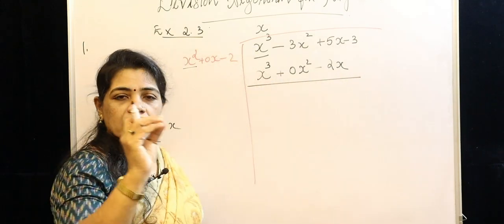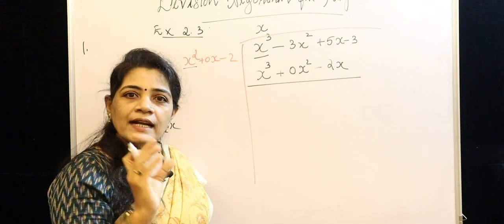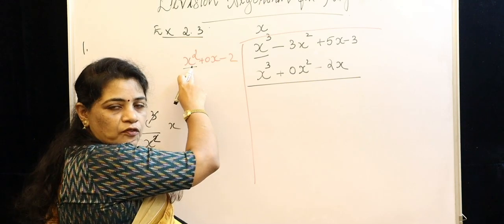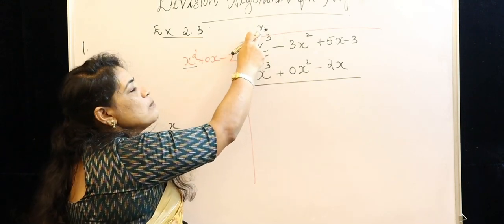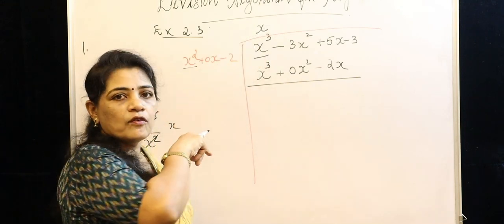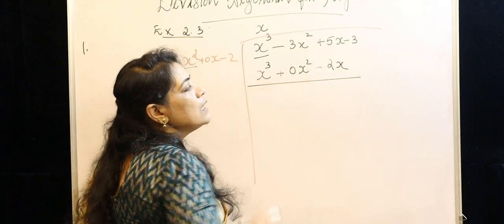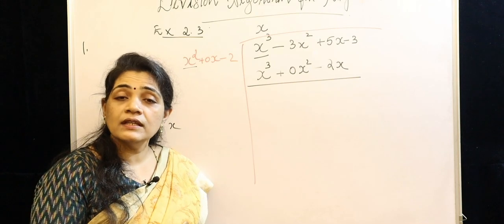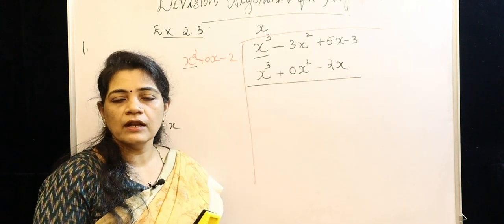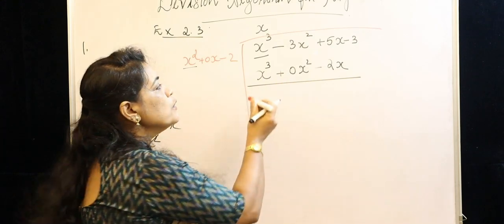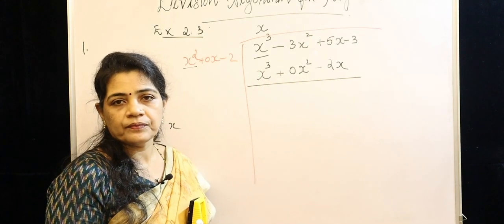We got the first term in the quotient by dividing the first term of p of x with the first term in g of x, so we got x here. Then multiply each term in g of x with x, and we will have this polynomial. Now the next step is very, very important. We have to change the sign of the new polynomial obtained.